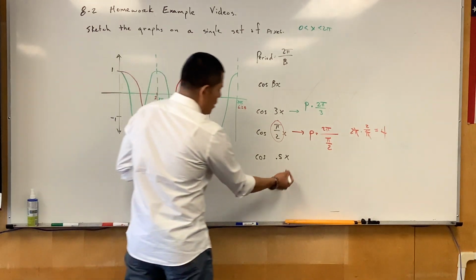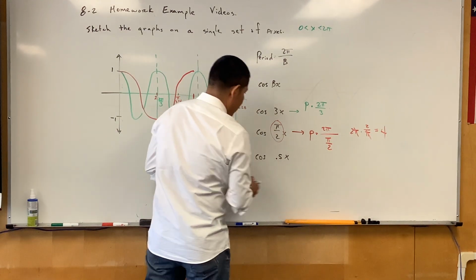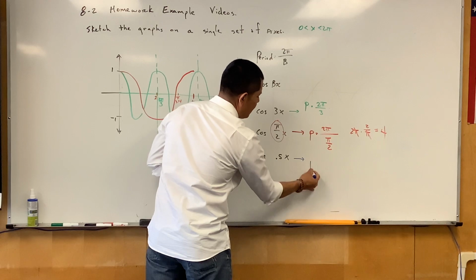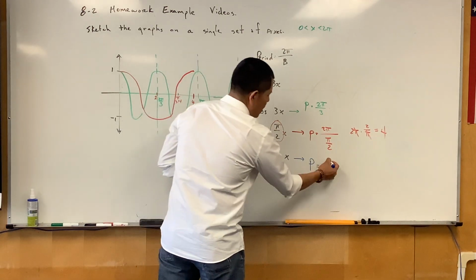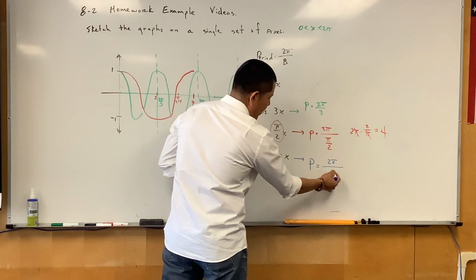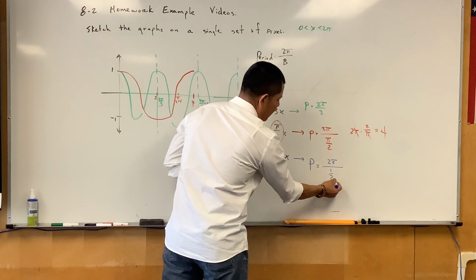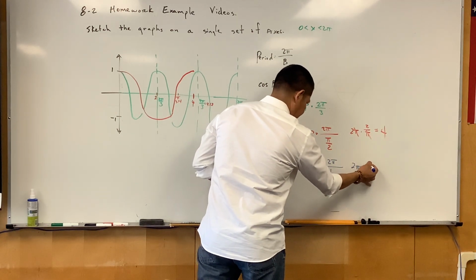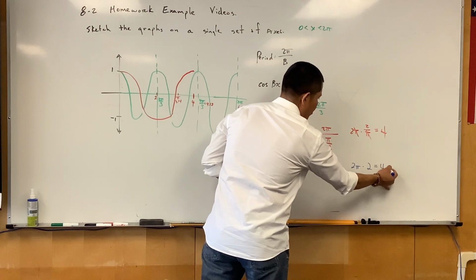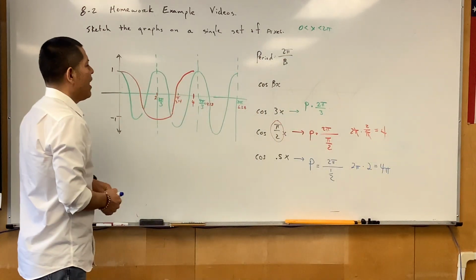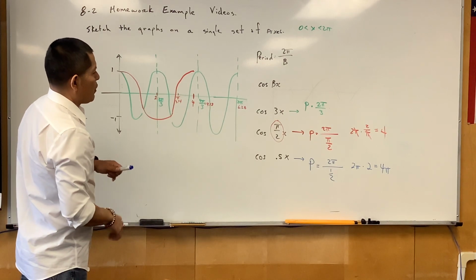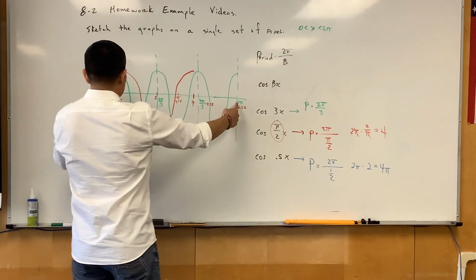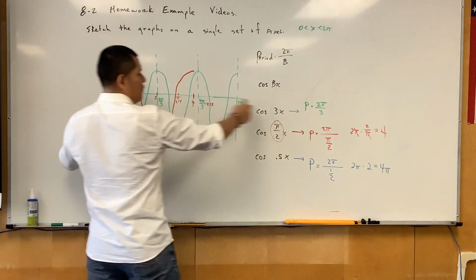Now, the cosine of 0.5. We're going to find the period. The period is going to be 2 pi divided by 1/2, which is basically saying 2 pi times 2, which puts us at 4 pi. And that says our graph gets stretched out, so that one iteration goes from 0 to 4 pi.